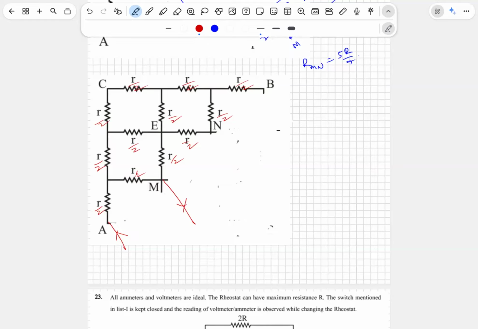Now, one thing I can say, there are some orphan arms here. Yes or no? The current enters here, I1, and again I1 needs to split over here.